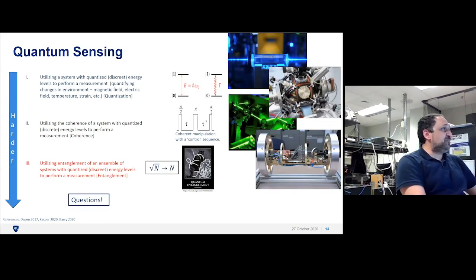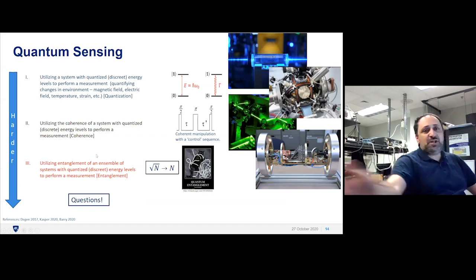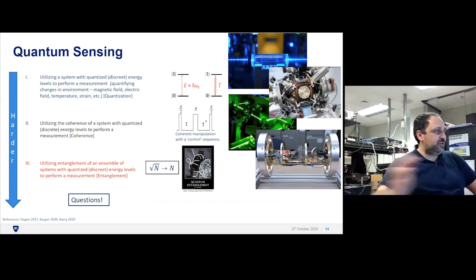So I kept this brief to save time for questions. We've talked about quantum sensing in different application spaces and what it takes to be a quantum sensor and what we'd like to be able to utilize for sensing. And now I wanted to leave time for questions.